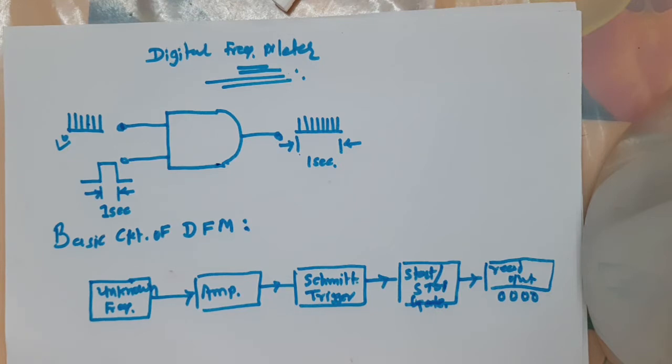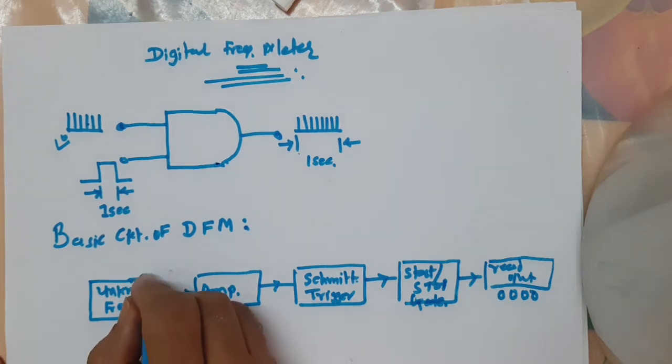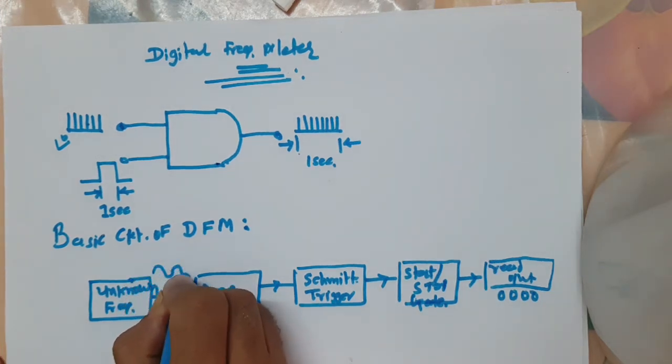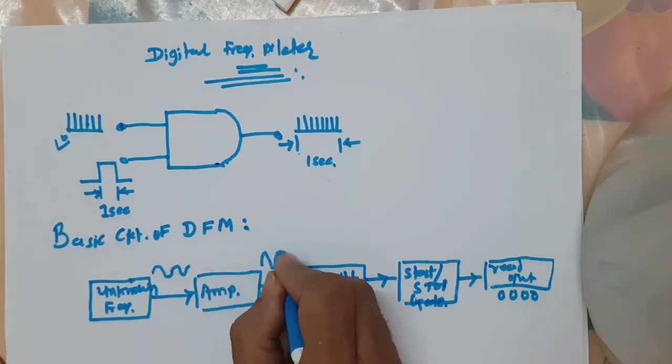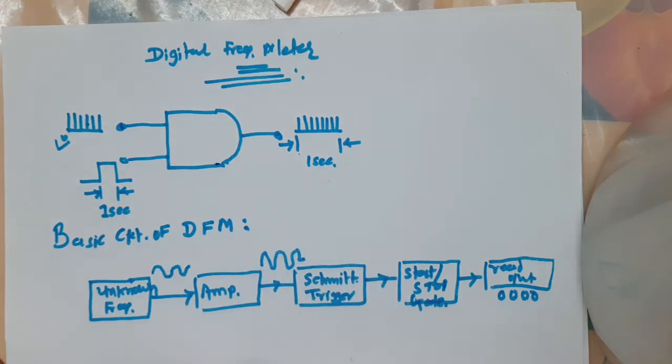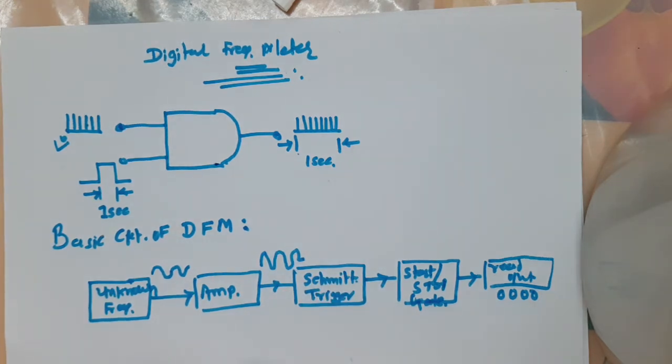The signal may be amplified before being applied to the Schmitt trigger. So the unknown frequency is amplified, and after amplification it is applied to the Schmitt trigger. The Schmitt trigger converts the input signal into a square wave with fast rise and fall time.